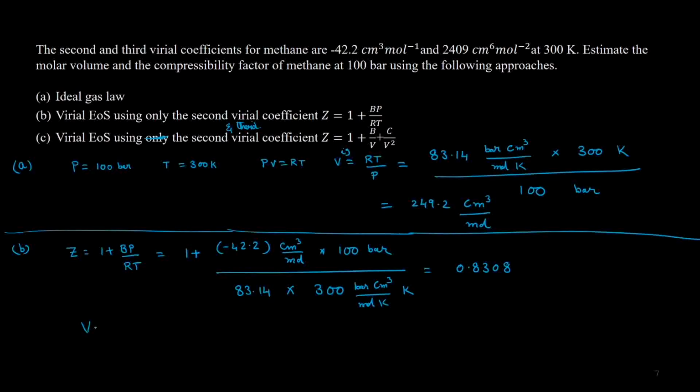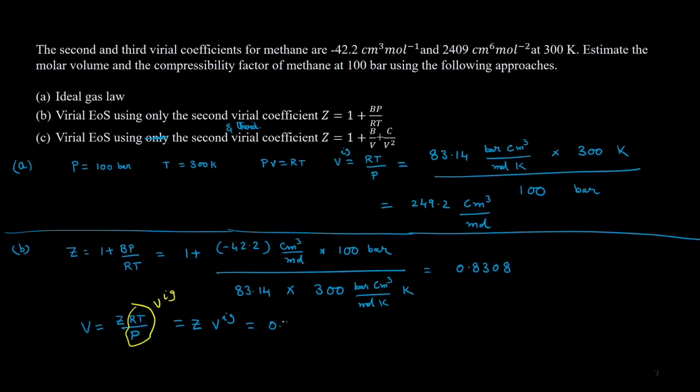And the actual volume then, using this value of compressibility factor, is going to be ZRT over P. Remember, RT over P is anyway V_IG, so this is also going to be equal to Z times V_IG.